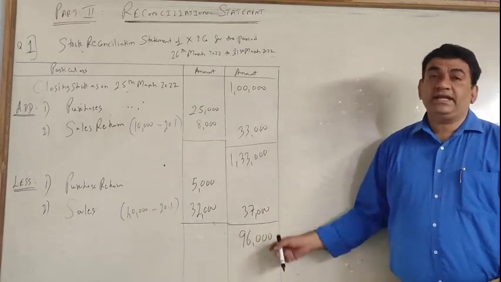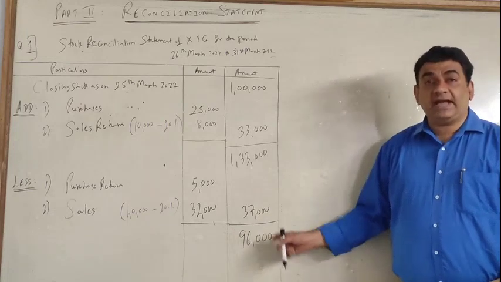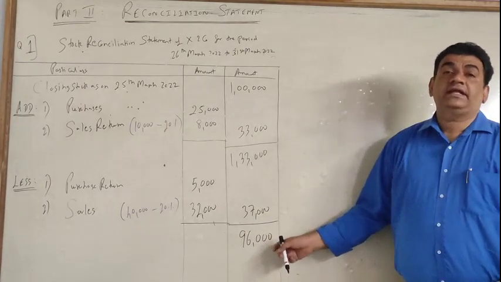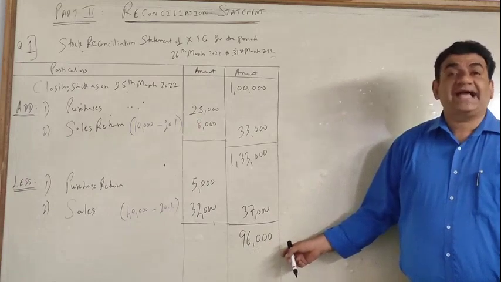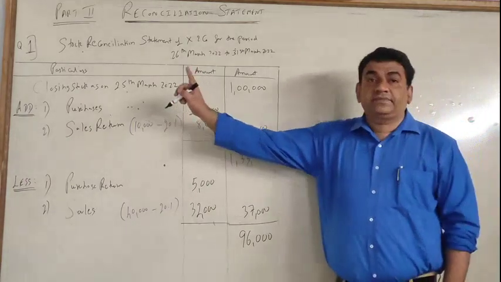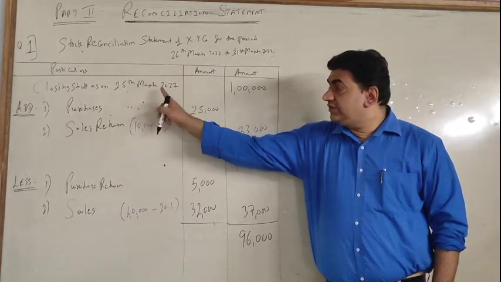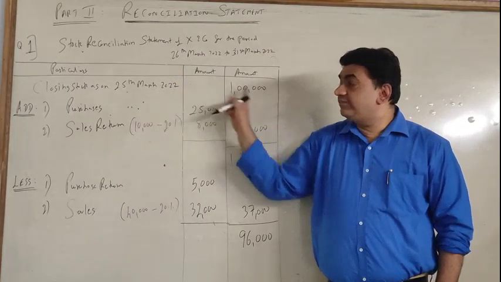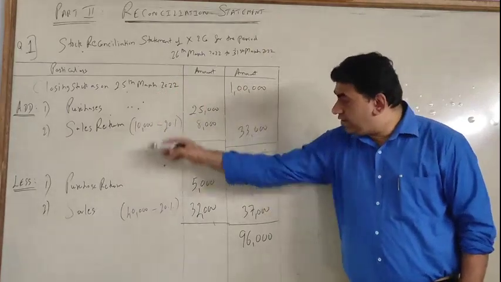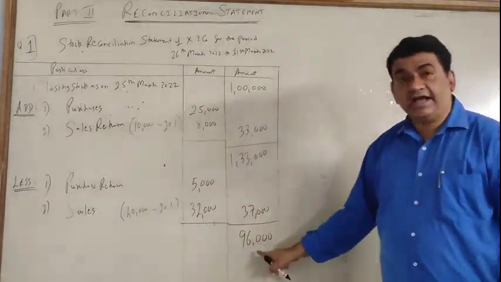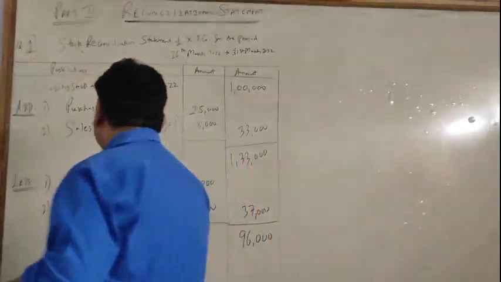When I prepare the trading account and balance sheet, this will go on the credit of trading and this will go on the balance sheet asset side. So see, how do you interpret? I started with closing stock as on 25th March. I made all these adjustments and after making the adjustments, I arrived at the figure 96,000.